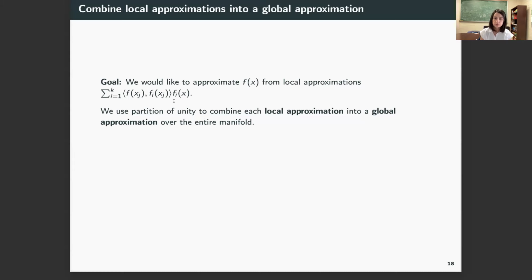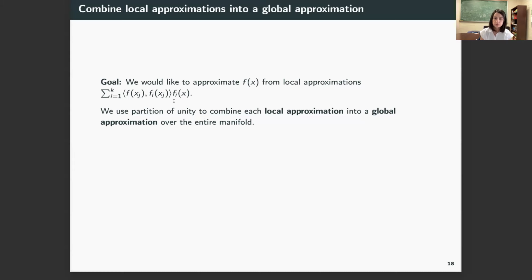In a sense, it's adding weights to our process. If your xj is far away, you give it less weight, and if it's a good approximation, if it's close by, you give it a larger value. So I'm looking at the psi of beta, the partition of unity, which all add up to 1, and they're going to have different supports in different locations.